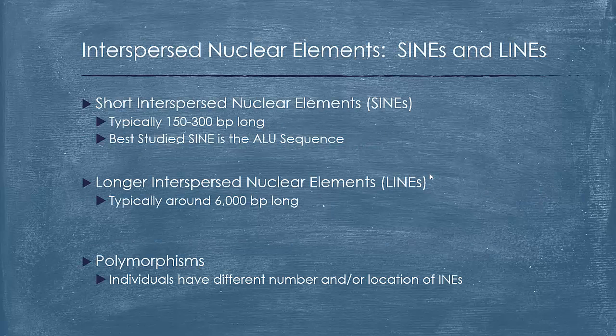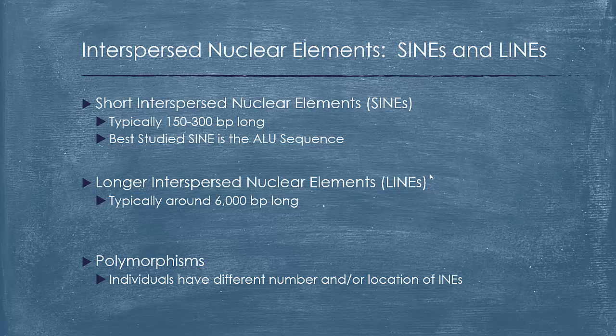All right, another DNA variant is what we call interspersed nuclear elements, SINEs and LINEs. SINEs are short interspersed nuclear elements, typically 150 to 300 base pairs long. And the best studied SINE is what we refer to as the Alu sequence. Now, longer interspersed nuclear elements are typically much larger, around 6,000 base pairs long.